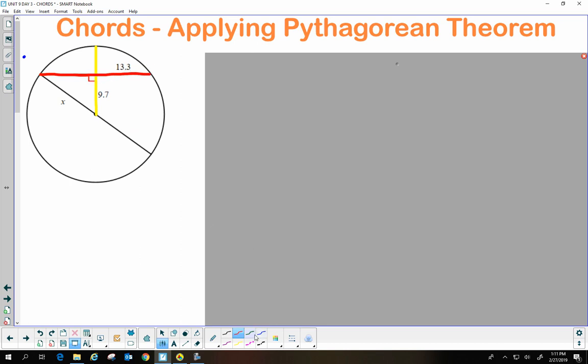So what we know based off the sketch I showed you on the last page, since this radius and that chord are perpendicular, they make a right angle, that that piece and that piece of the chord are the same length. So I can say that that is 13.3.